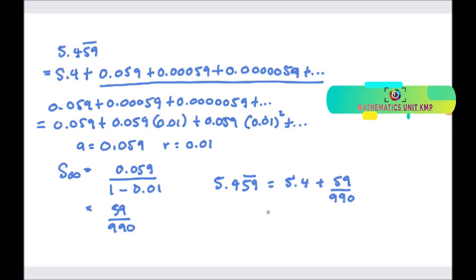So total up we will get 1081 over 198. And we can check back the answer. Try to calculate 1081 over 198 and we will get 5.459595959 and so on.